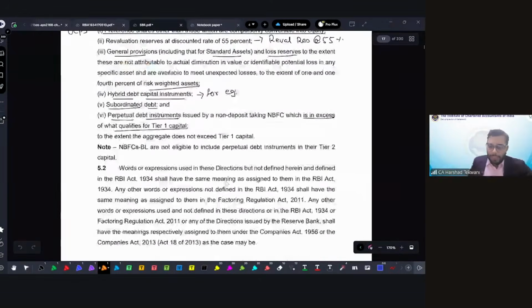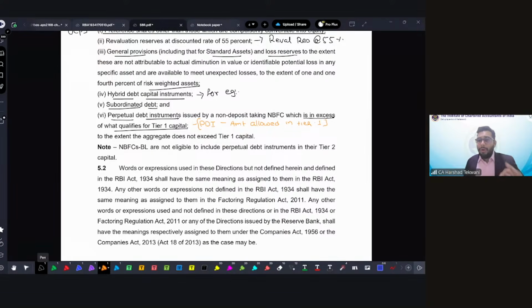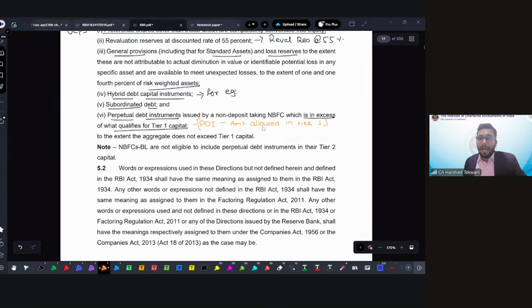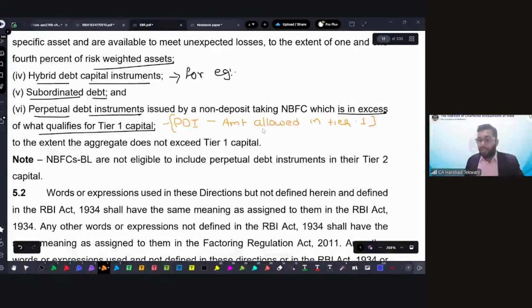So that means your perpetual debt instrument amount less the amount allowed in tier 1. If there is an amount which is allowed in tier 1, you need to remove it from the total perpetual debt instrument amount, and that will be the amount which will be allowed in tier 2.